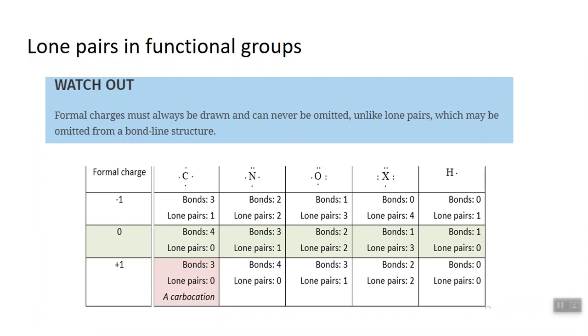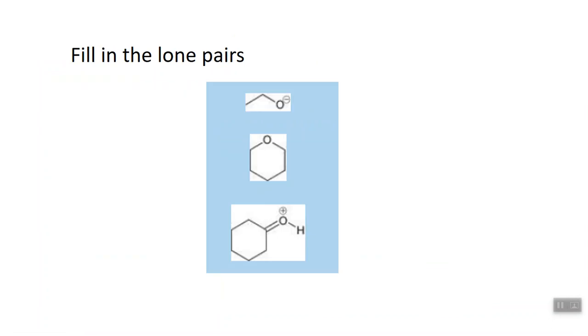If we go back over here, we see that there is a negative charge, and so that 1 bond is already being shown, and you would need to put in the 3 lone pairs. Neutral, we have the 2 bonds shown, so we would need to put in the 2 lone pairs. And here we have the 3 bonds shown, so we need to put in the 1 lone pair.